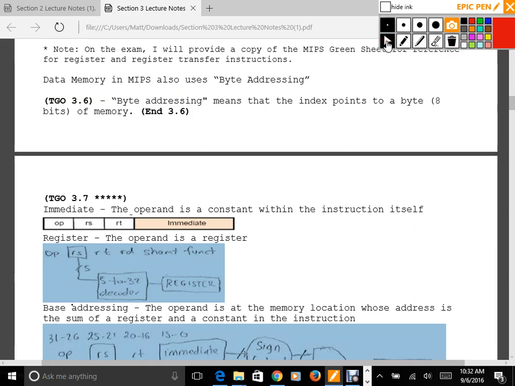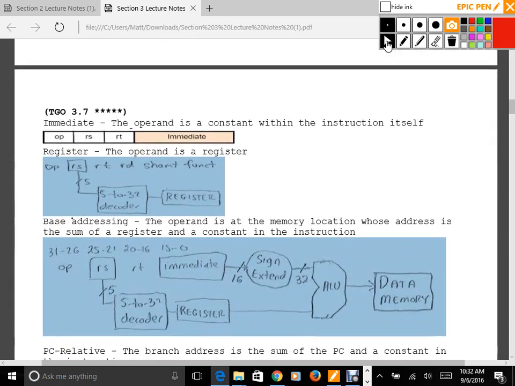So there are 5 types of memory addressing in MIPS. This is why knowing this is important. An immediate is just where the operand is a constant within the instruction itself. We have some value here. Immediate addressing means that A equals B plus 5.